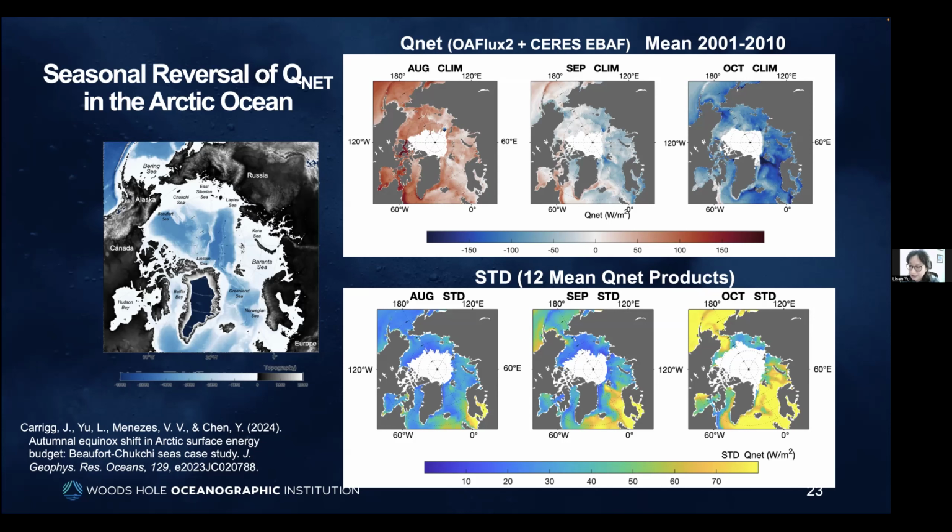September is the month in transition, and the differences between products are quite significant. Actually, the standard deviations are even larger than the total mean net heat flux. And for October, when the ocean is picking up the total heat loss, the differences among products are also quite significant. It's more than 70 watts per meter square among these 12 products.